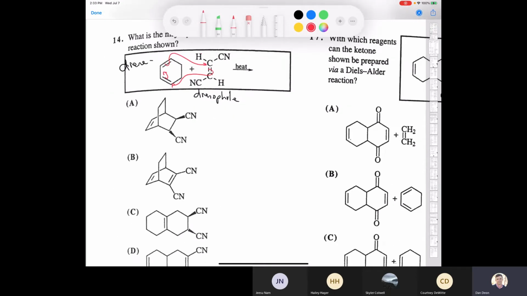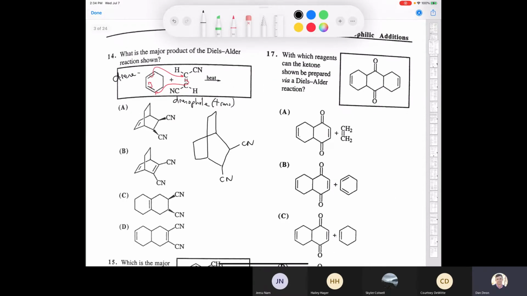So this is going to give us a bridge system. This six-membered ring is going to be positioned like this. Then you have one bond to a carbon like this. Since this dienophile is trans, you're going to have one of the nitrile groups coming up and the other one going down like this.